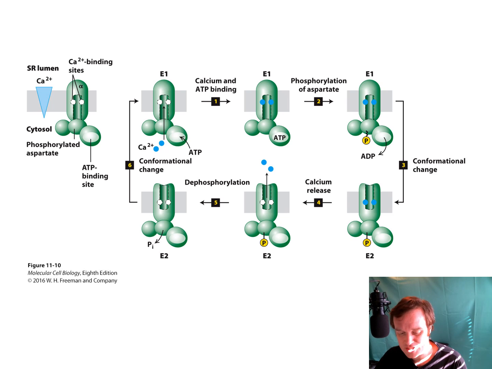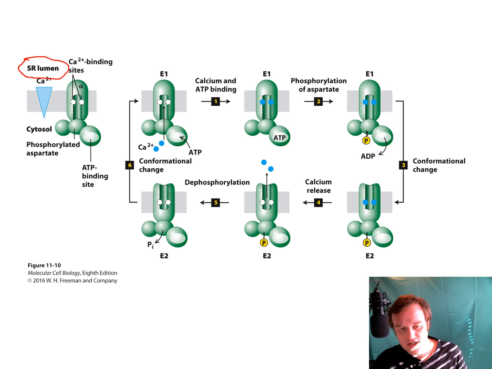They don't really show it here, but they just kind of label the outside here is where the sarcoplasmic reticulum is. So during the pump cycle, this couples that ATP hydrolysis with the transport of those ions across the membrane. As we talked about, it's an active transport.